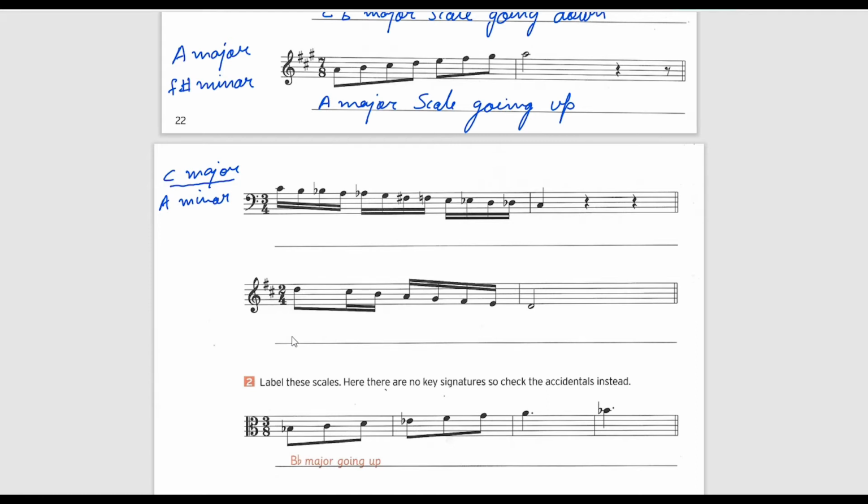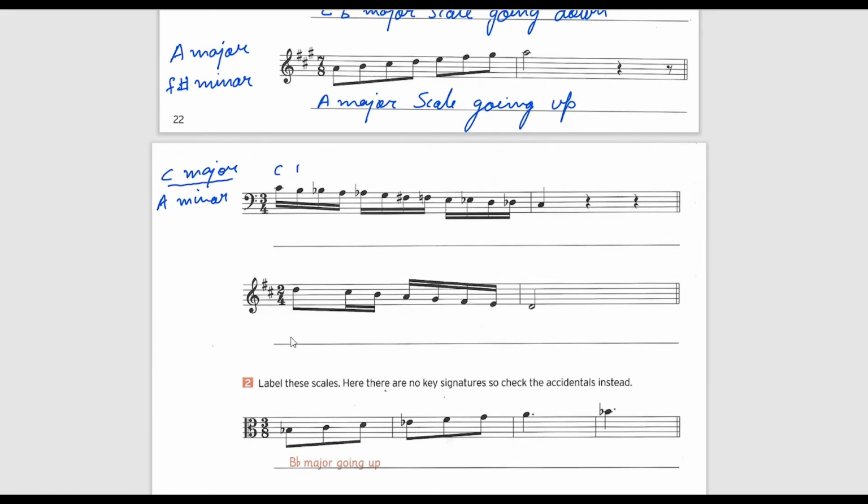This is our C, B, B flat, A flat, G, F sharp, F, E, E flat, D, D flat, and C. So this is 1, 2, 3, 4, 5, 6, 7, 8, 9, 10, 11, 12 notes.